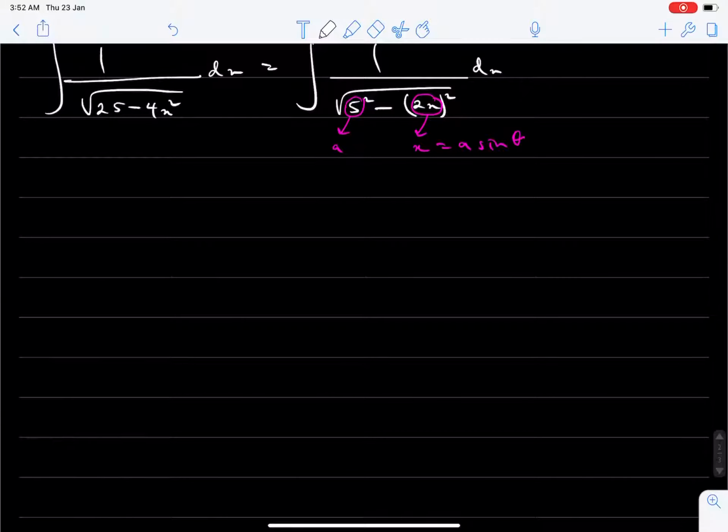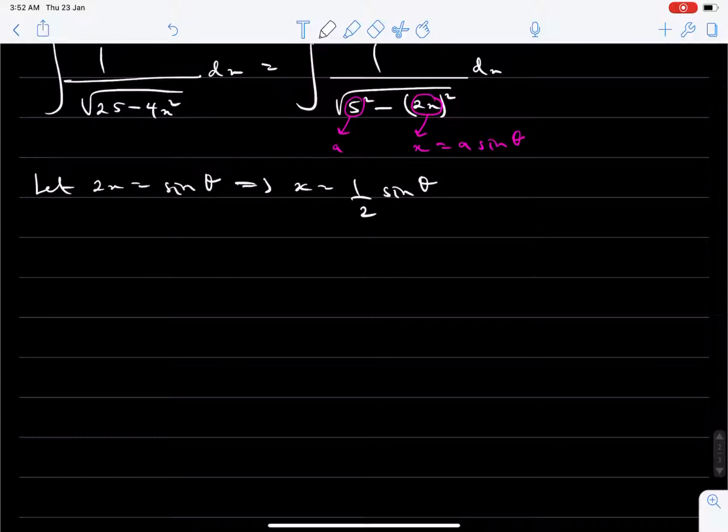Now, if we have that, we go as usual. Let x, which is 2x in this case, be the same as sine theta, which implies that x is equal to half sine theta, that is, sine theta over 2.